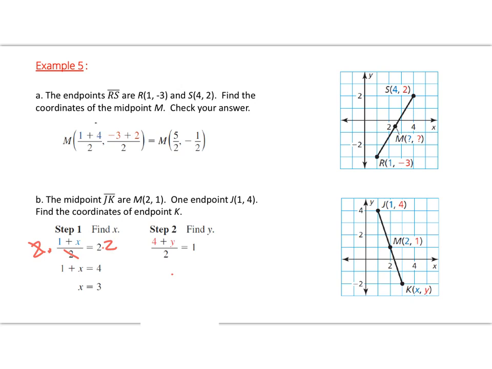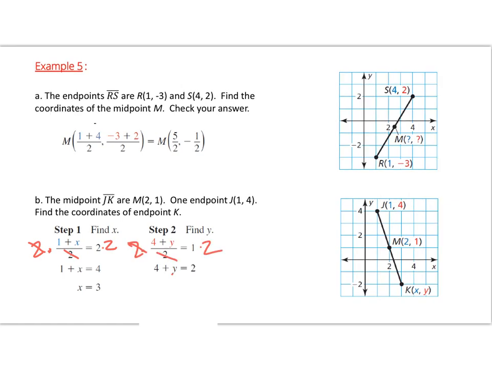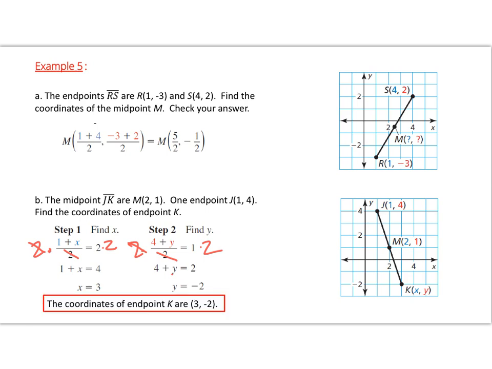So the 2's will cancel out, or divide to be 1. And that leaves you with 4 plus y equals 2. And then subtract your 4 on both sides, so y equals -2. So your endpoint K is at (3, -2).